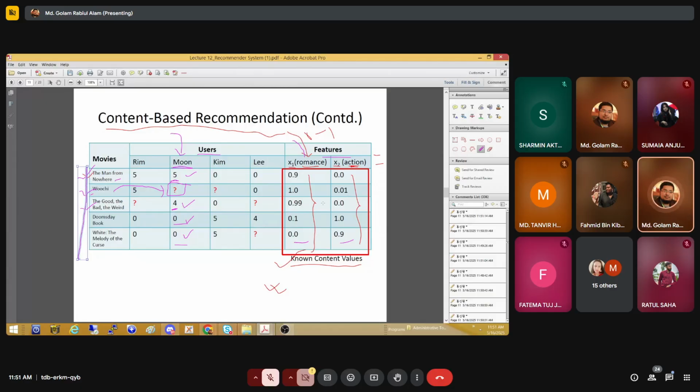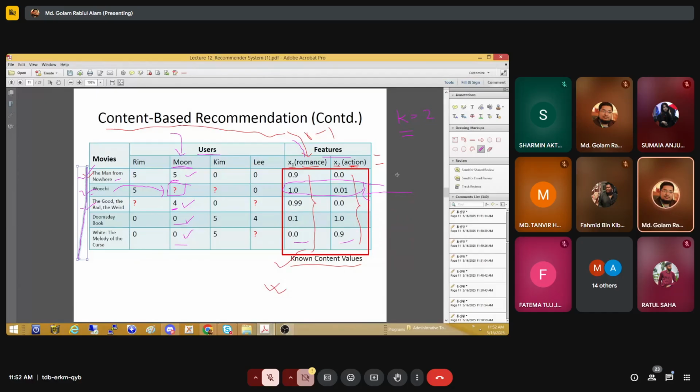That means we need to find the k number of similar items of this movie. We know the features, these are the feature values. Then we want to find the similar movies, but we only consider k number of similar movies, let's consider k equal 2.